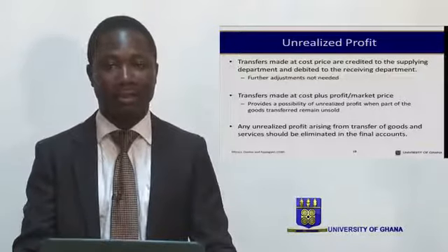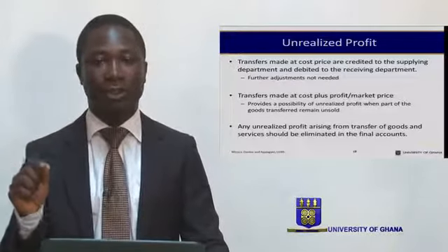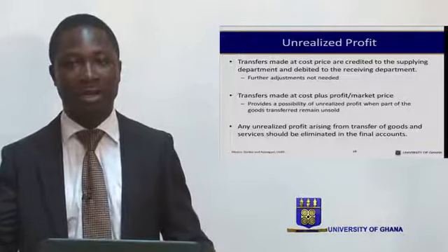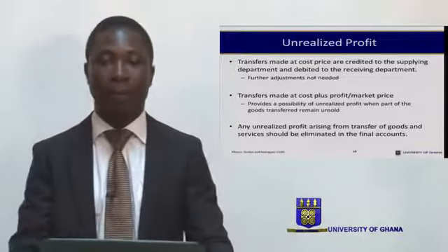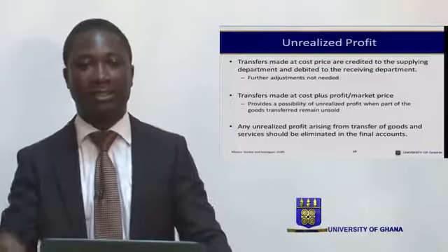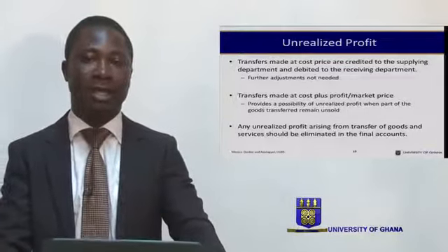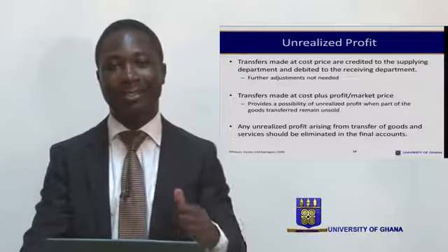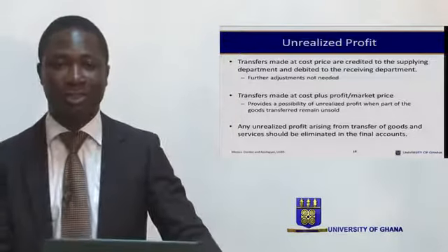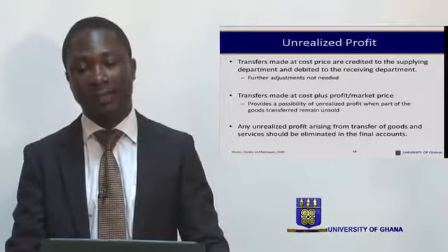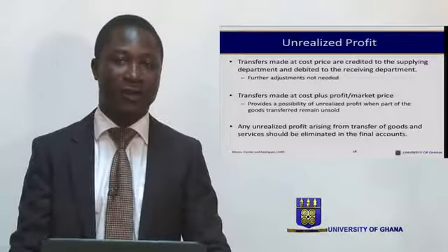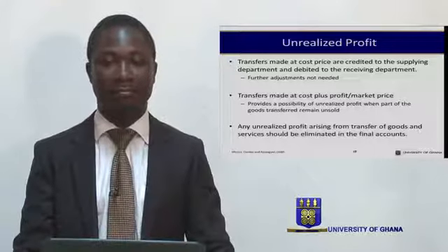For that matter, so long as a portion of the goods transferred from one department to the other remain in inventory, then a portion of the profit arising from the transfer is unrealized. And these are some of the issues you should take into consideration when you are working with departmental accounts and there are transfers of goods at market values.